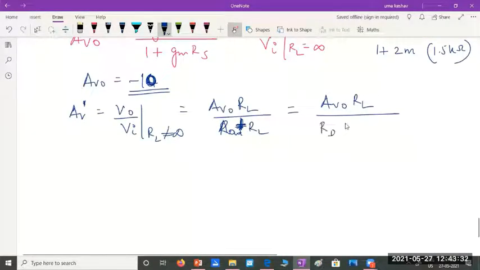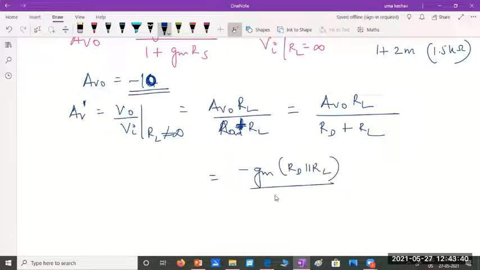Please see this. So either you can write it like this. This will be RD plus RL, or you can simply say minus GM into RD parallel RL divided by 1 plus GM RS. All these values you know. Only instead of RD, you should consider RD parallel RL. Somebody has got the answer.